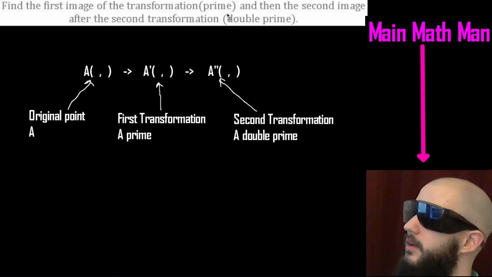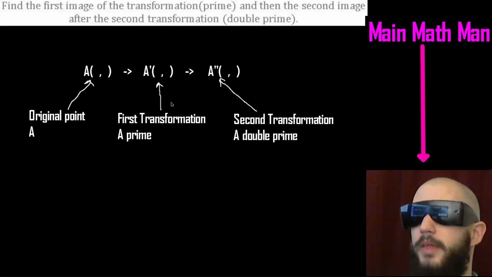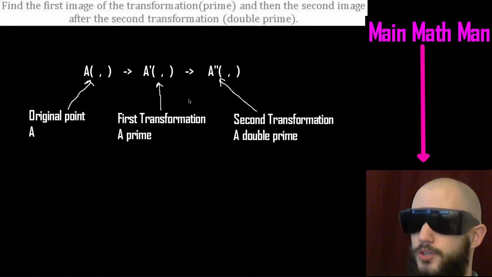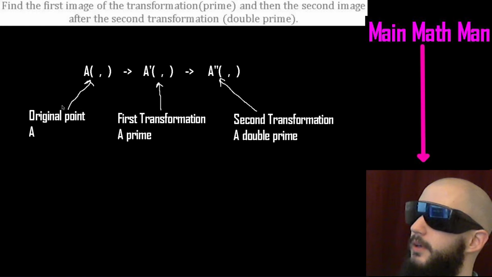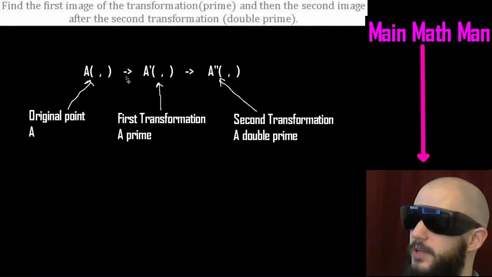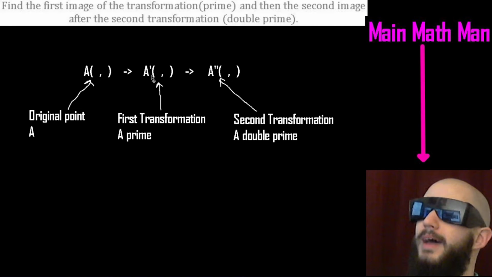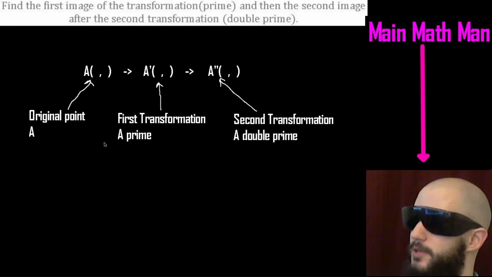Now, the second transformation, you're going to label as double prime. So, for example, if you had an ordered pair that made the point A, you made your first transformation, and so now you're going to have A prime. You read this as A prime.